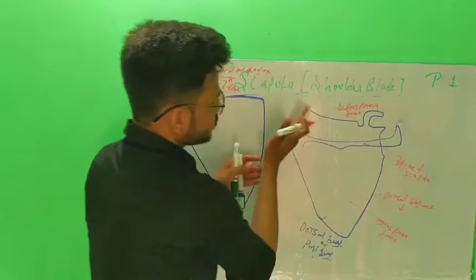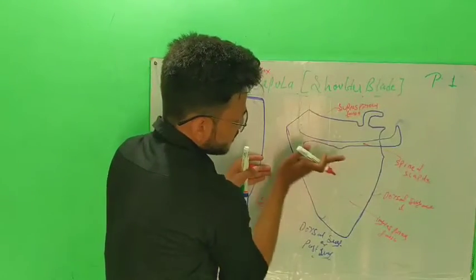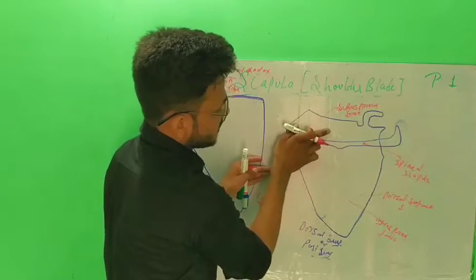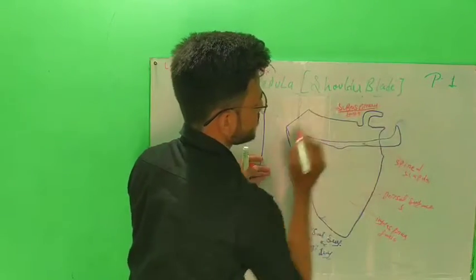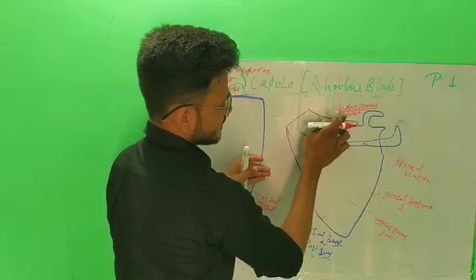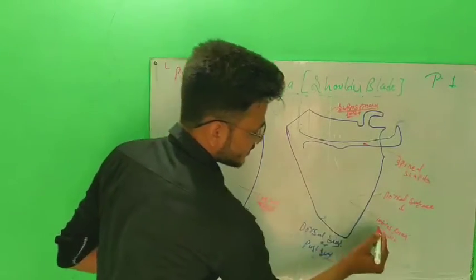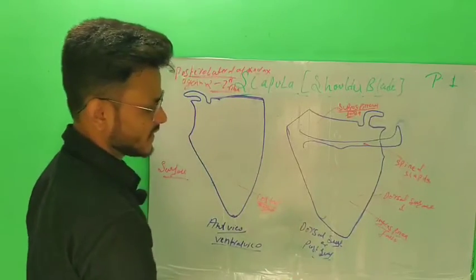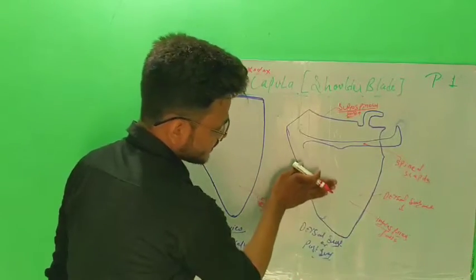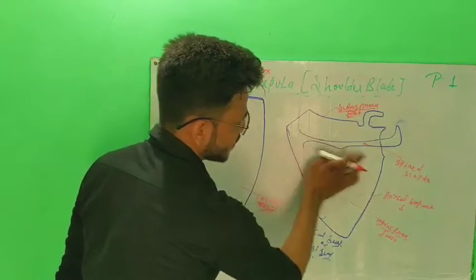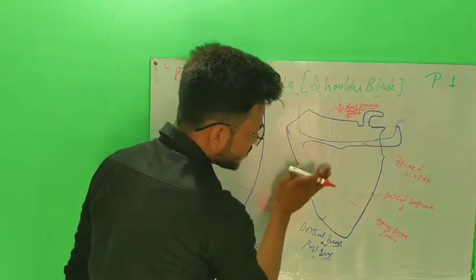This fossa is above the spine, that's why it is called supraspinous fossa. And this fossa is called infraspinous fossa because it is situated below the spine of scapula, inferior to the spine.